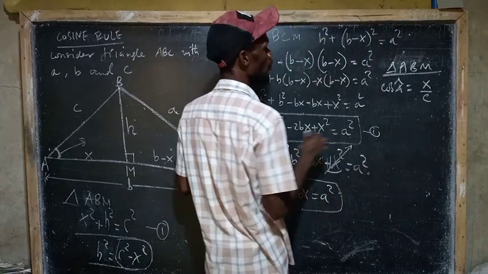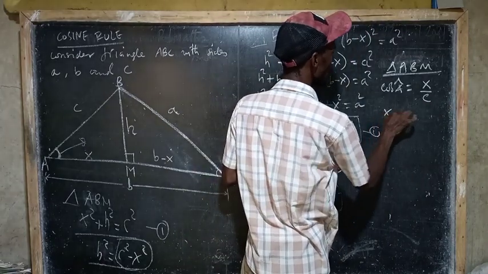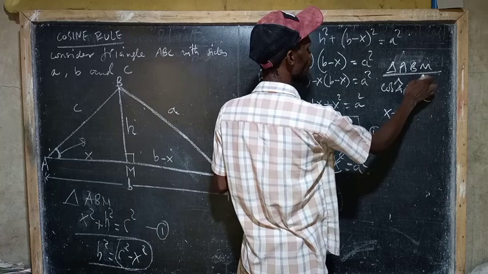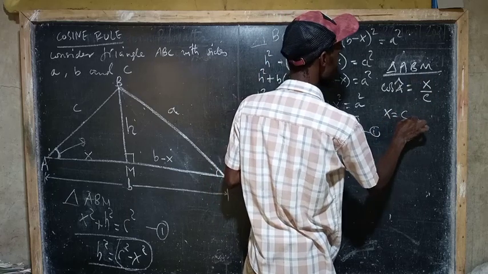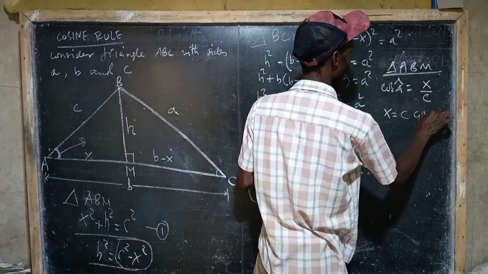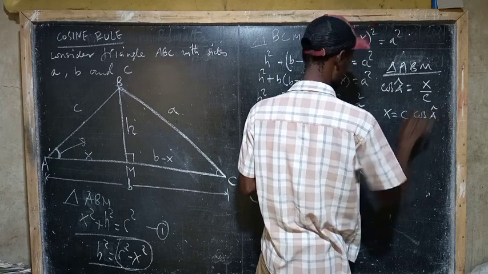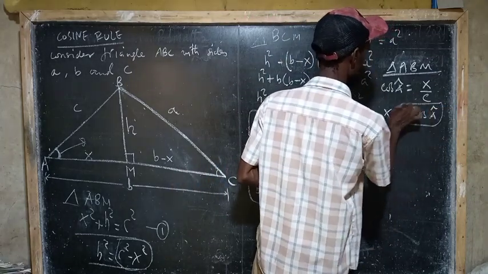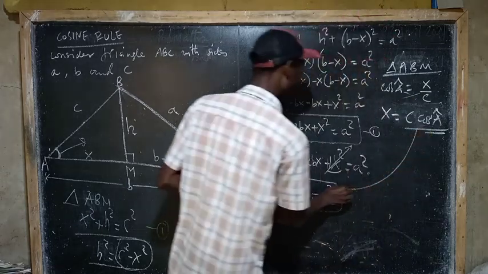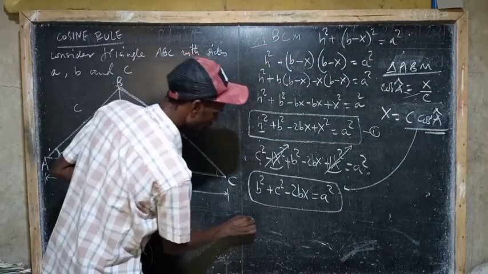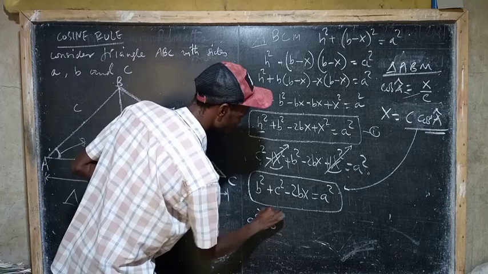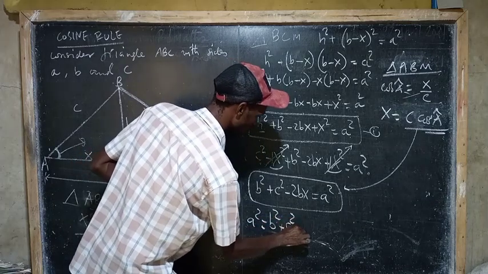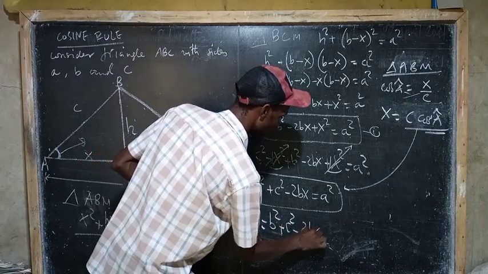Now, if we are looking for the value of x, x is equal to c cosine of angle A. Therefore, from the earlier equation, we have a squared is equal to b squared plus c squared minus 2bx.